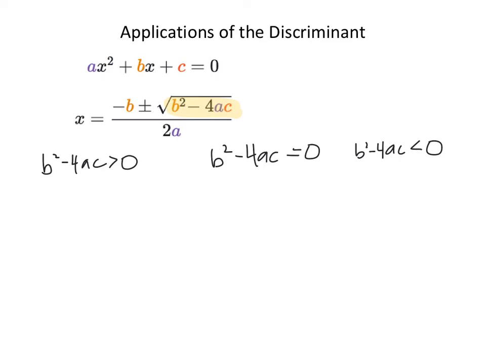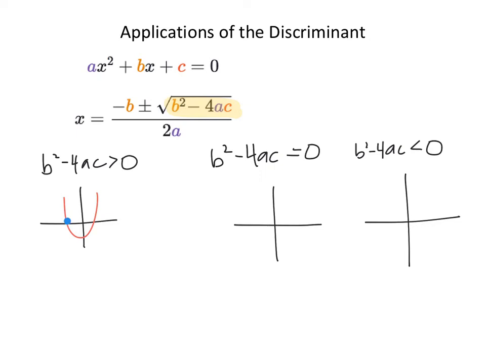So we'll look at graphs of 3 different possibilities. When b squared minus 4ac is greater than 0, it can either open up or down, but my parabola will pass the x-axis at 2 different points. So we have 2 different x-intercepts, and thus we have 2 solutions.